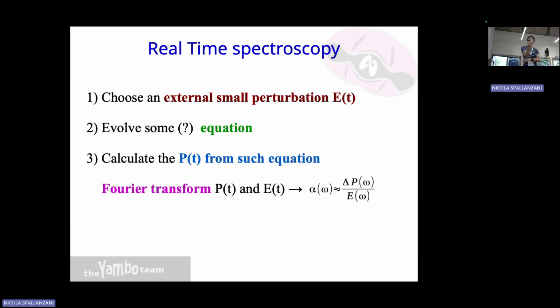How can this be done in practice in a numerical simulation? One has to choose a specific perturbation, again the electric field, evolve some equation, which will be the main subject of this presentation, and then from this equation extract the time-dependent polarization. Then, as I said, we have polarization and electric field, we do the Fourier transform, and we can get the polarizability.